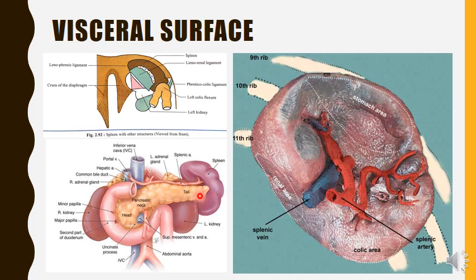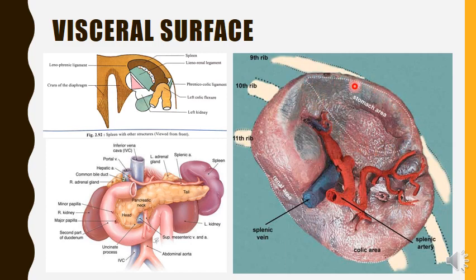In this image, this is the tail of the pancreas. Altogether 4 impressions we are able to see because of the constant contact of the stomach, kidney, colon and pancreas with the spleen. It creates certain impressions on the visceral surface.